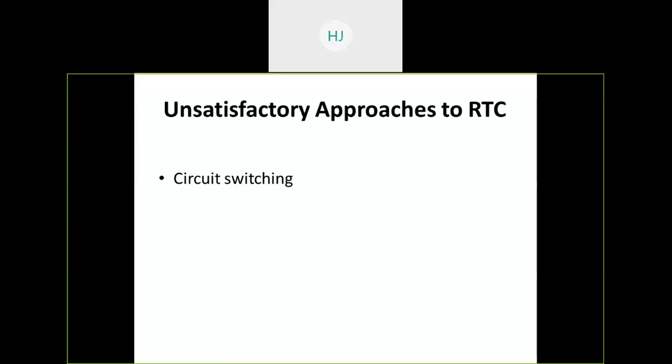Why is it unsatisfactory? Circuit switching, for instance, can provide a real-time delivery guarantee very easily. A circuit switch network simply sets aside a fixed portion of the network bandwidth according to the estimated peak bandwidth required for each application.